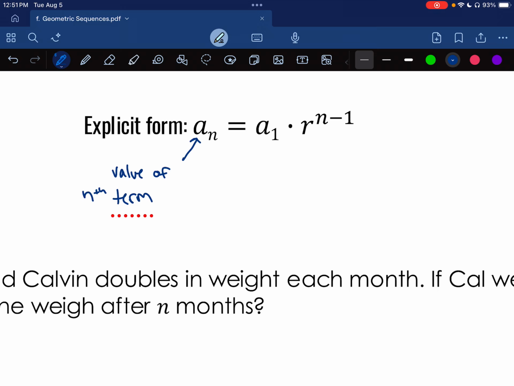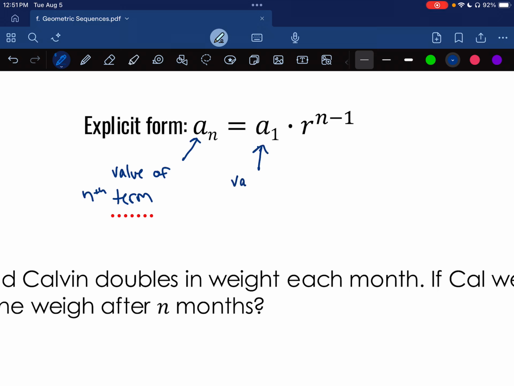Like, if you think about children, there's a lot of kids in my family: first, second, third, fourth, fifth, and so on. I'm number one, firstborn, so I'd be n equals one. First term, so the value of the first term is a sub 1.